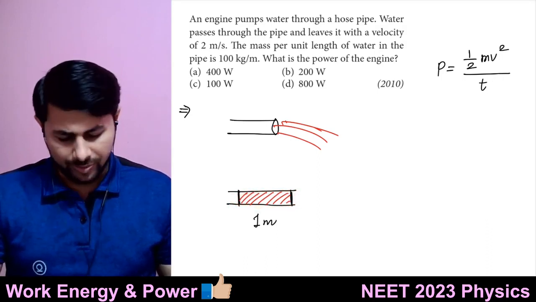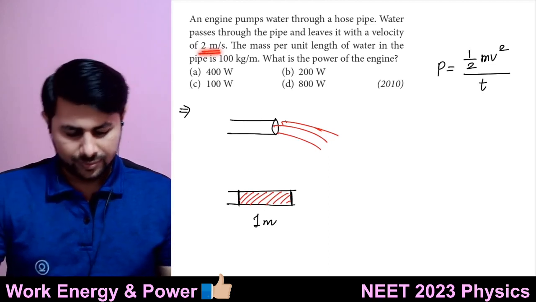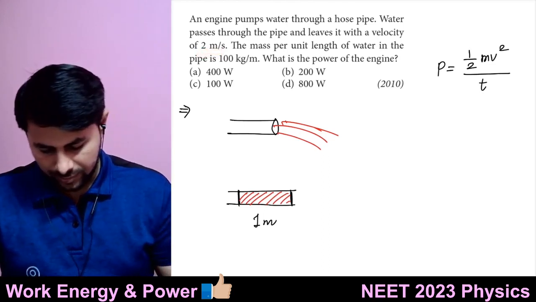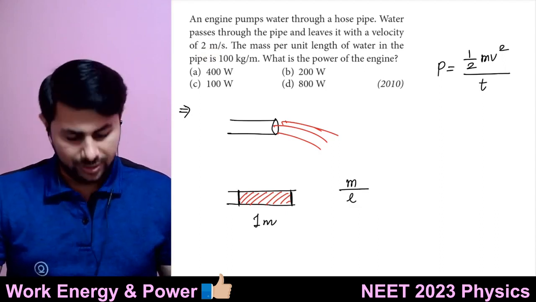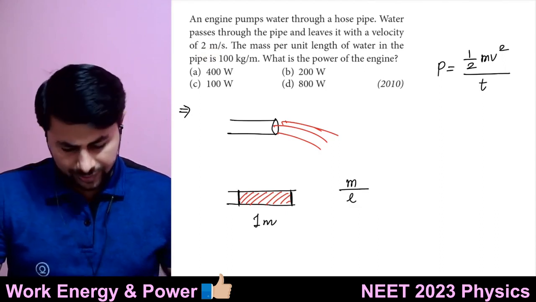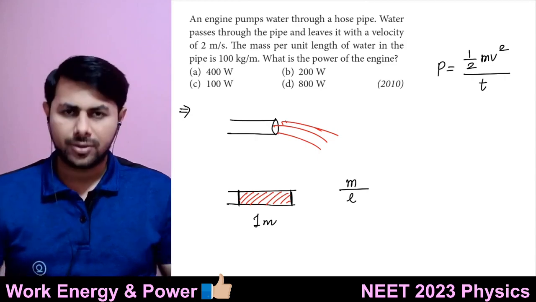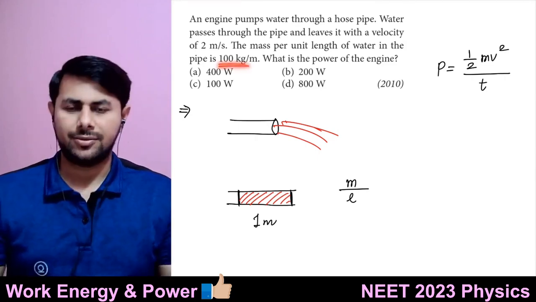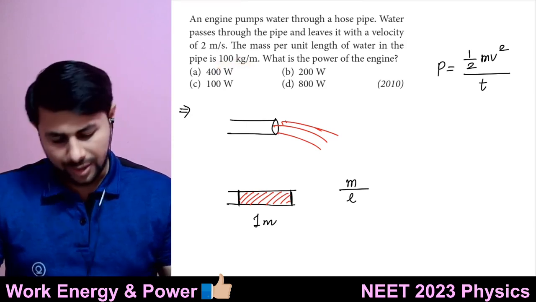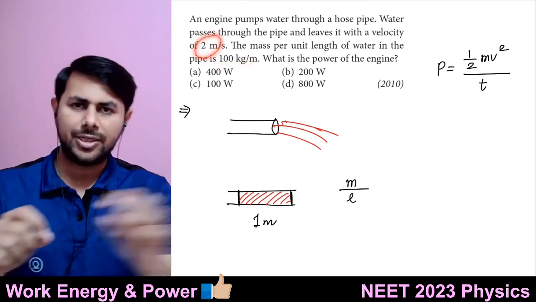M upon L, mass per unit length, is given. So per 1 meter, how much mass is there? 100 kg. And how much is the velocity? It is 2 meters per second.